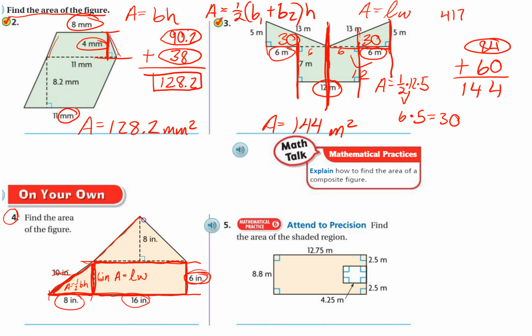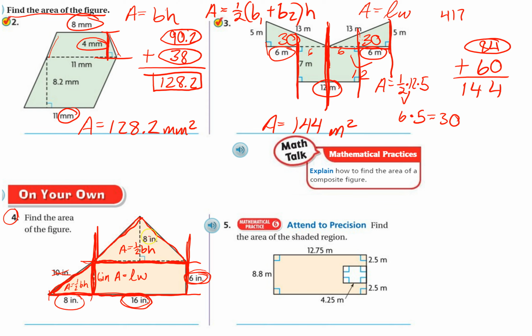Finally, we have one more triangle up here. Same formula for a triangle. Area equals 1/2 base times height. Our base goes from here to here, and that number is given to us right here.